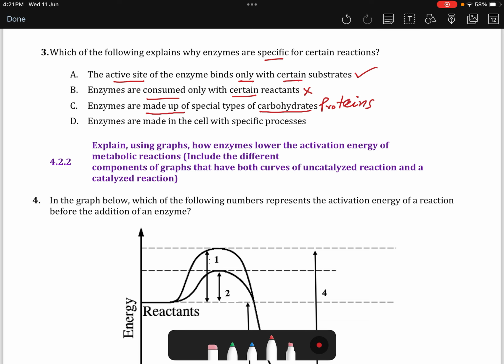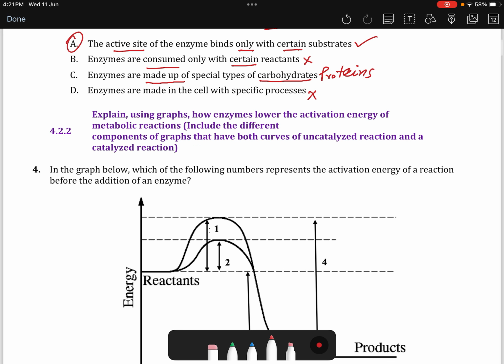Enzymes are made in the cell with specific processes. It's not necessarily that enzymes are made within the cell. You have them from outside as well. So this statement is a bit vague, so we are going to cross it out, and A is the answer.